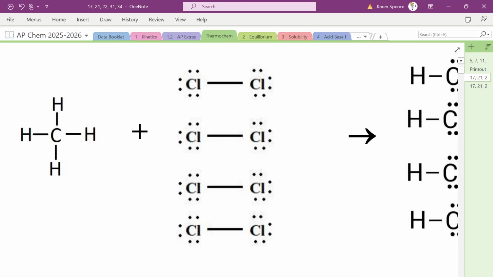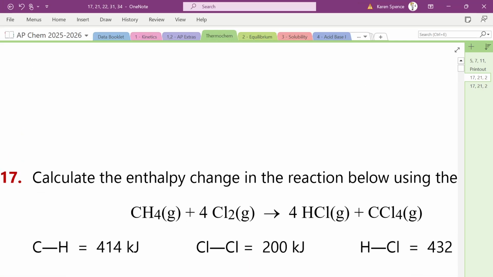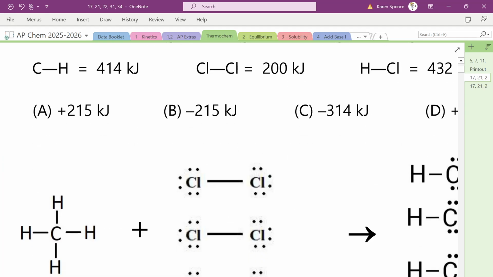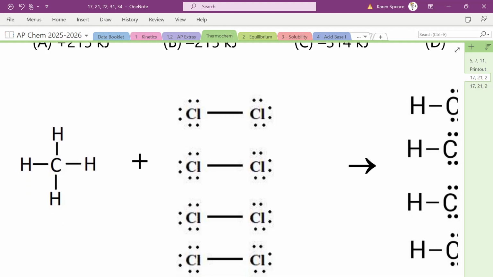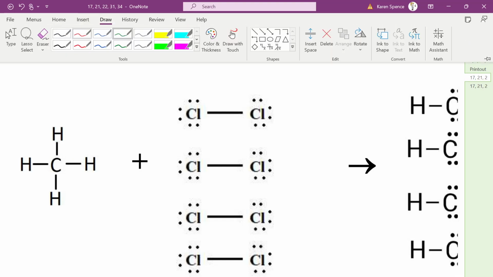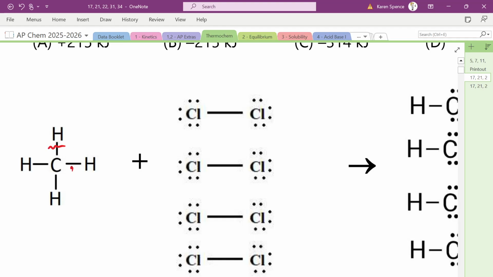Okay. So we are looking at the bond enthalpy question number 17. And when we look at bond energies or bond enthalpies, basically you're saying we are breaking 1, 2, 3, 4 CH bonds.